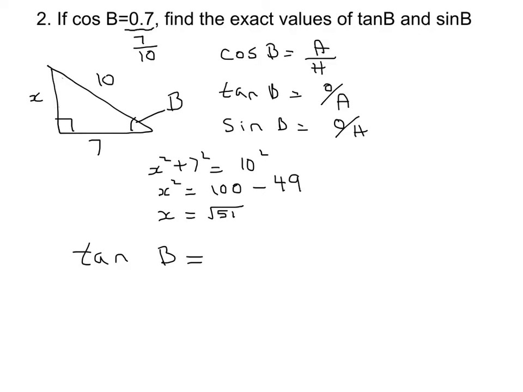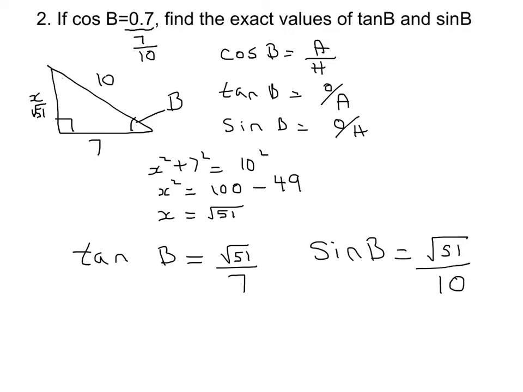So opposite is the square root of 51, and the adjacent is 7. And sine B is opposite over hypotenuse, so the opposite side is the square root of 51 over 10. And that's it. You're done with that one.